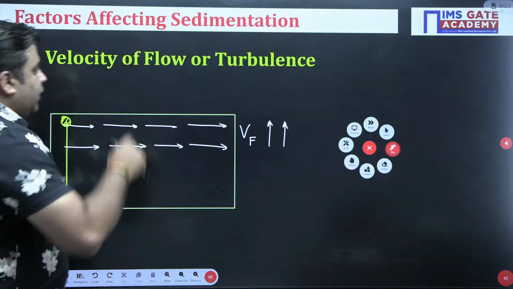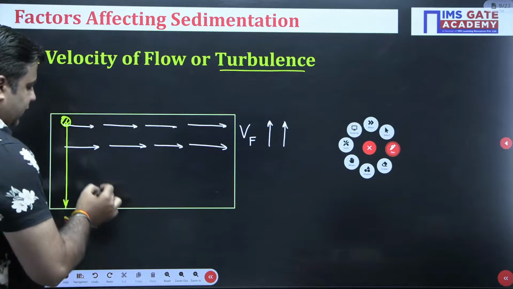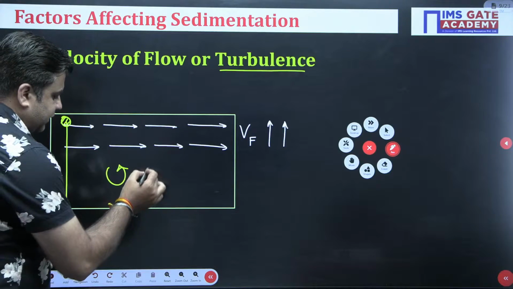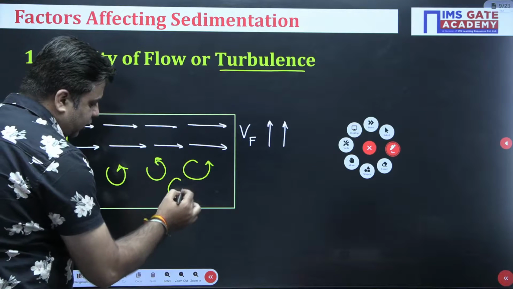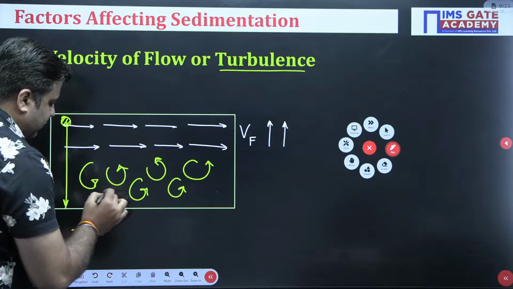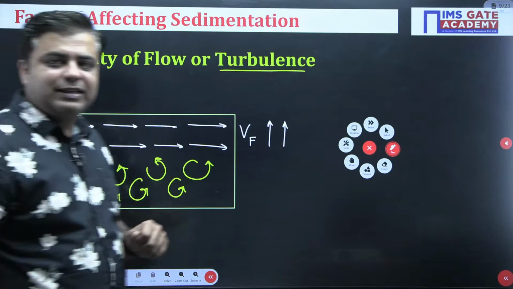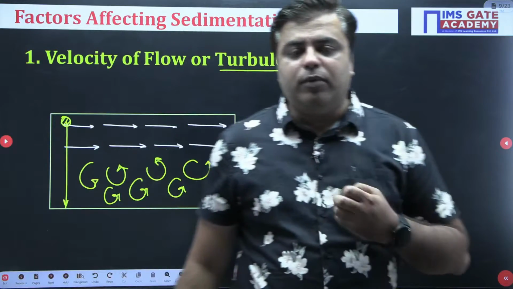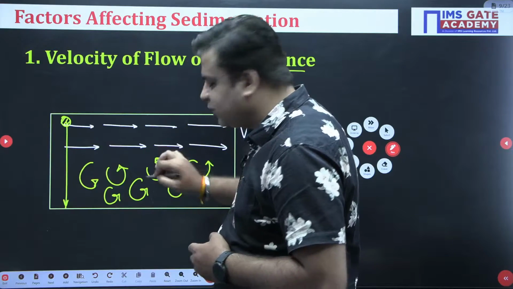Second, if you have high turbulence of water, if there is huge turbulence present in water like this, this turbulence will lead to the production of eddies. If the eddies are formed, these eddies will hinder the settling of the solids.